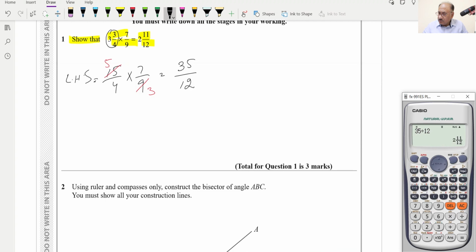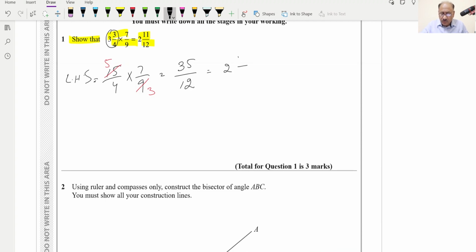If we check the mixed fraction, it will be 2 whole 11 by 12, which is our final answer and is equal to the right hand side. So left hand side is equal to right hand side. This will be our proof.